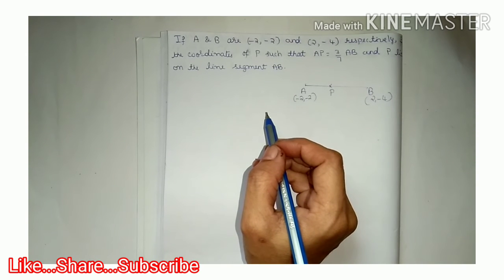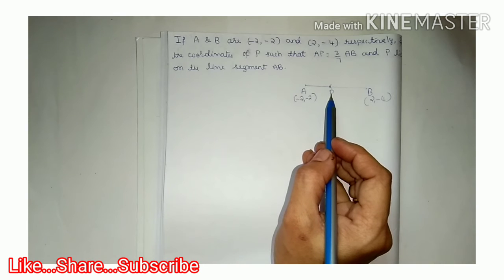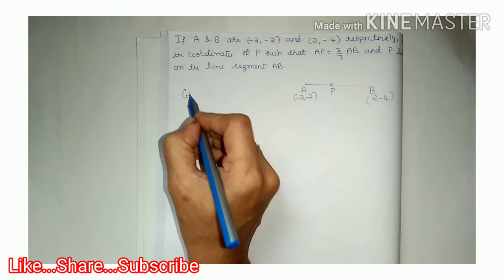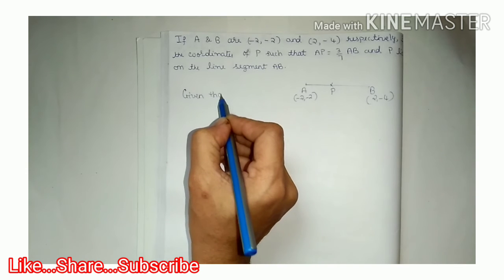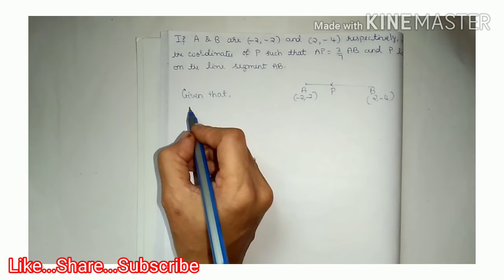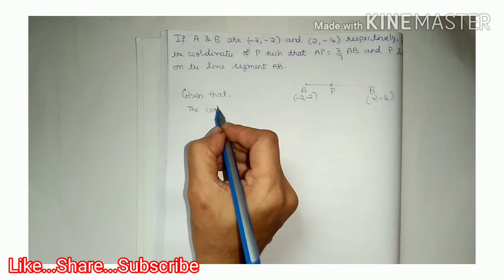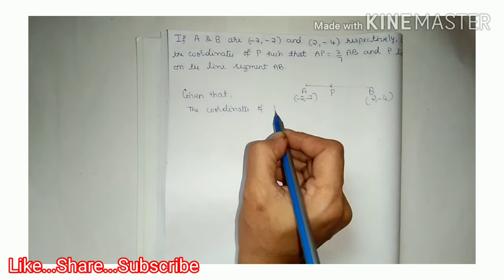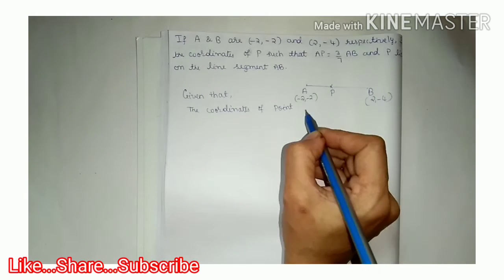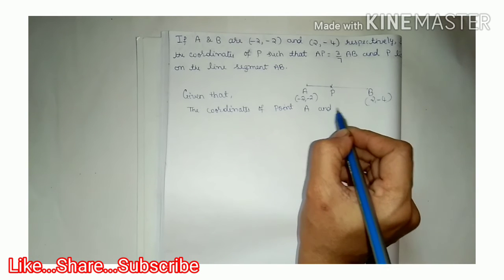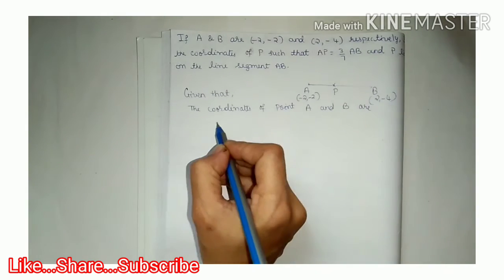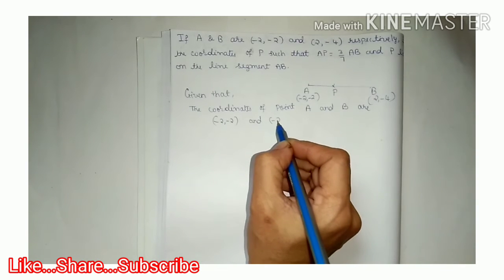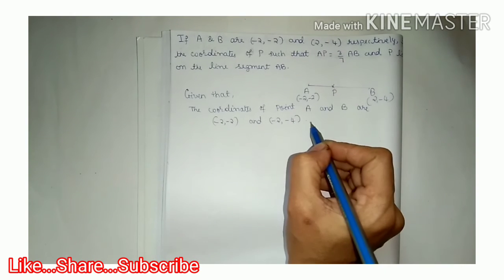Let us find the coordinates of P. Here it is given that the coordinates of points A and B are (-2, -2) and (2, -4) respectively.